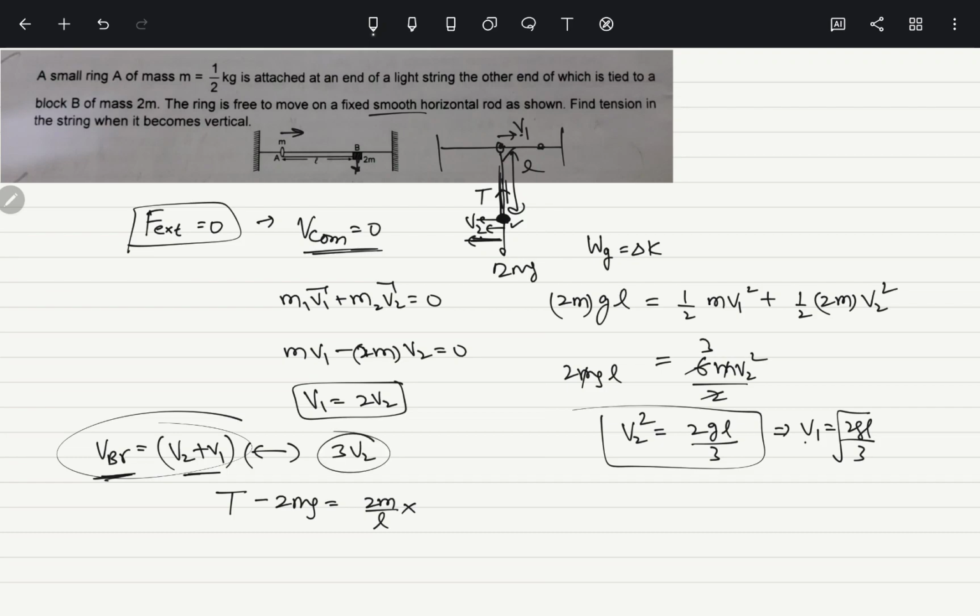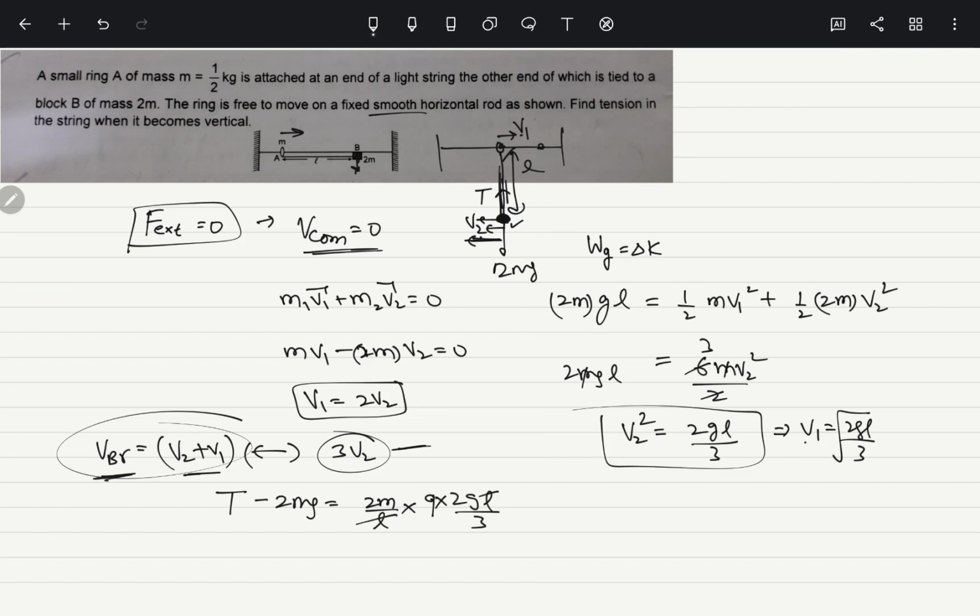So we use 3v2 squared here, which gives 9v2 squared. And v2 squared is 2gL by 3.